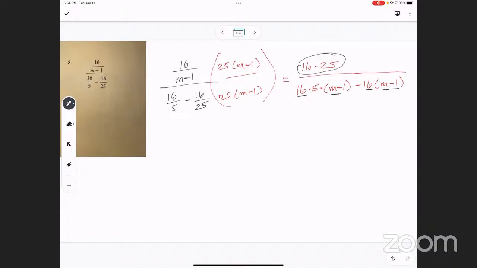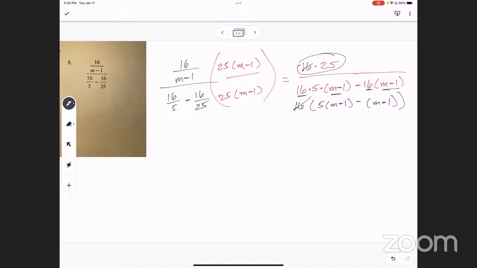But basically I can factor a 16 out of the bottom and be left with 5(m - 1) minus (m - 1). See how I factored out a 16? Now I can cancel out those 16s, because it's a factor in the denominator and a factor in the numerator.